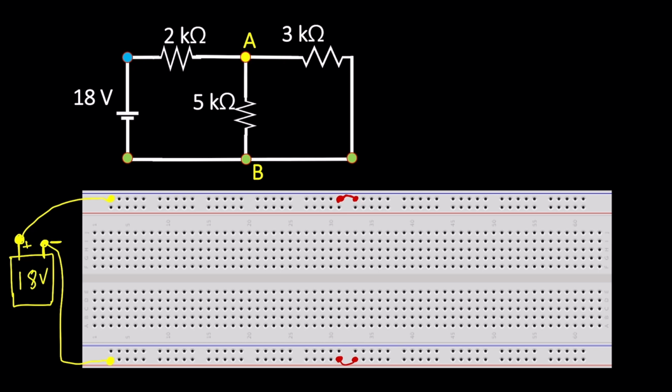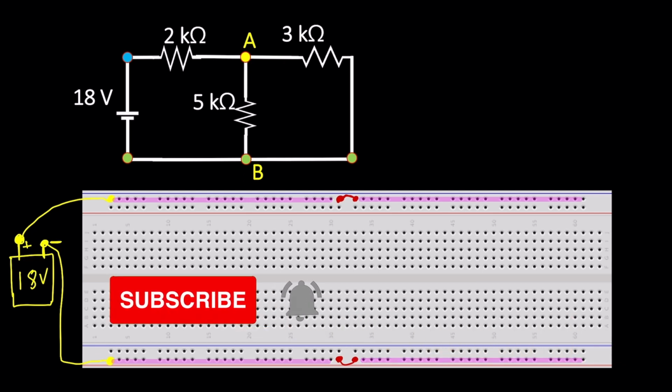That means this whole line is the plus 18 volt voltage source positive terminal, and this whole line is the 18 volt voltage source negative terminal.